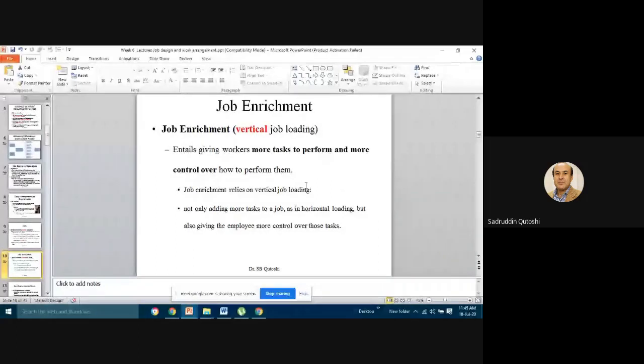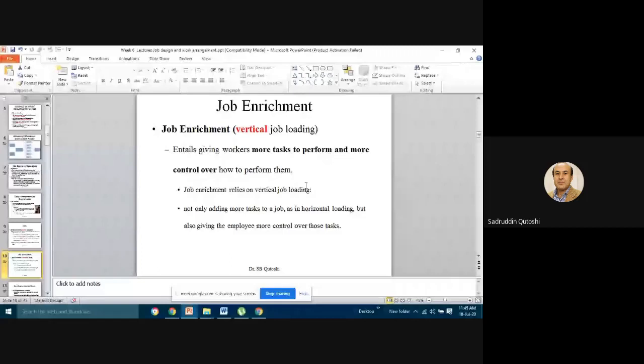Whereas job enrichment is vertical job loading. When you look at job enrichment, this means that you are not only providing some more tasks to an individual in the organization, but you also provide that person control over those tasks, the responsibilities and the kind of managerial responsibility, how those additional tasks can be performed and what would be the impact on performance.